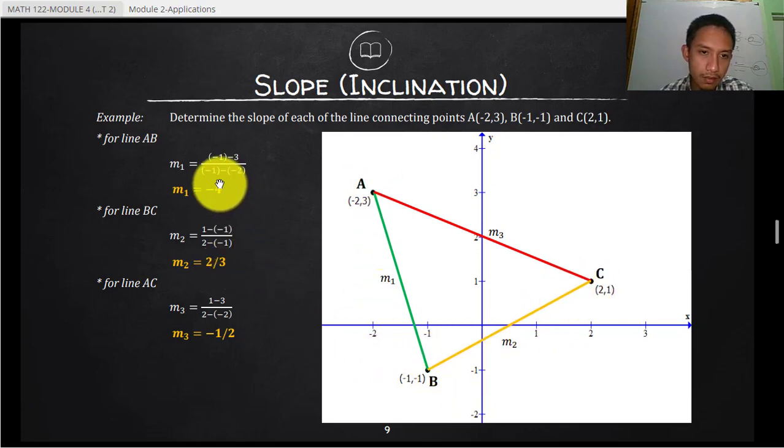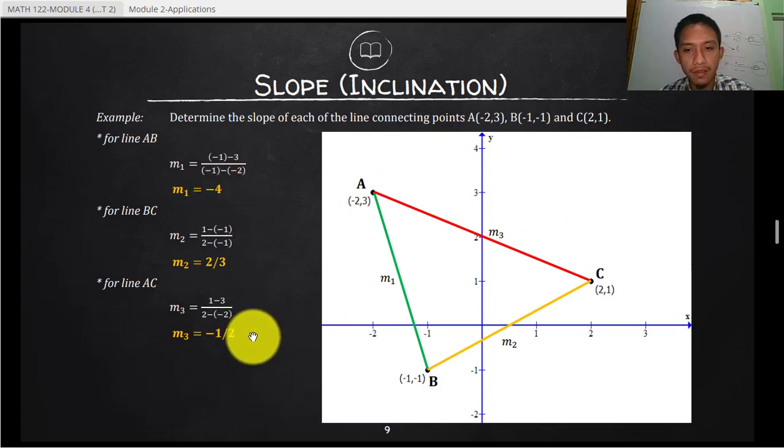The slope of AB is 4, but negative, of course, while the slope of BC is only 2/3, or 0.67. Also, compare AC with AB. AC is a little bit gentler than AB. Again, 4 is bigger than 1/2.